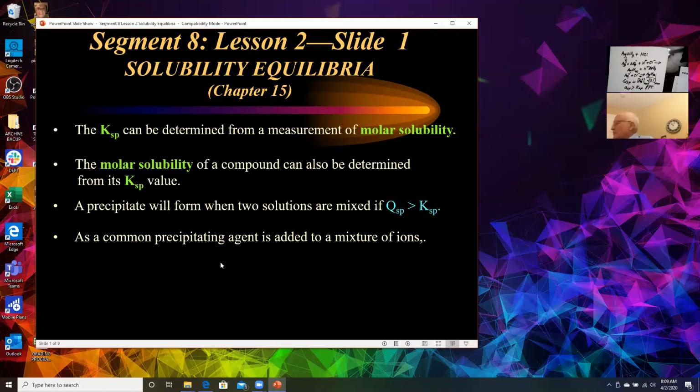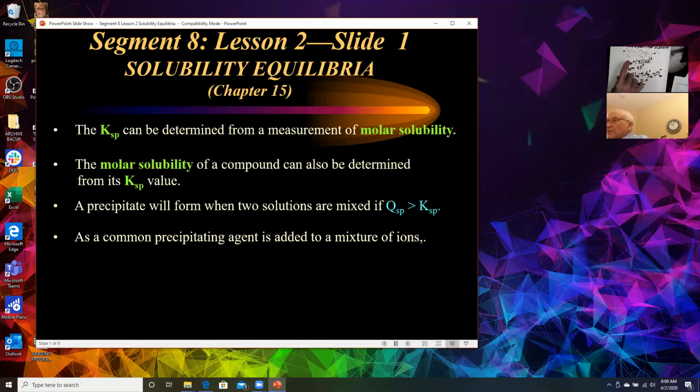Now, if you have a mixture of ions that could all precipitate, like the first example we did with two of them, mercury 1 and silver, say if they were both in solution, and I started adding chloride ion to get the precipitate to occur. One of these KSPs is bigger than the other one.